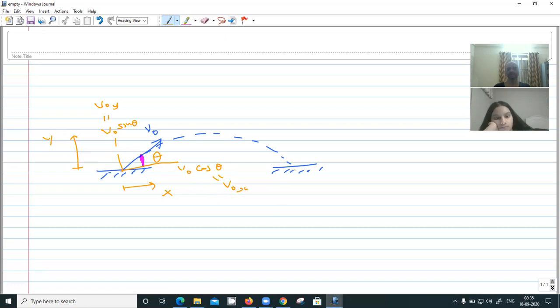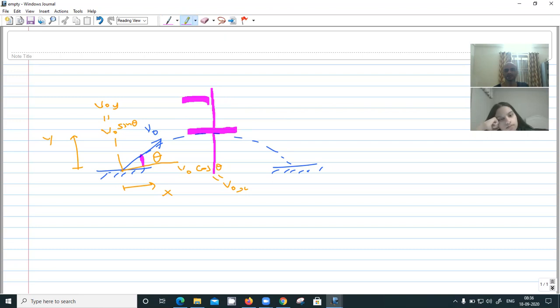One thing we can immediately get is, before that, the basic thing is this curve is called trajectory, right? The path of the body. If you draw, this is the highest point. With respect to the highest point, the curve is symmetric from left side and right side, right?